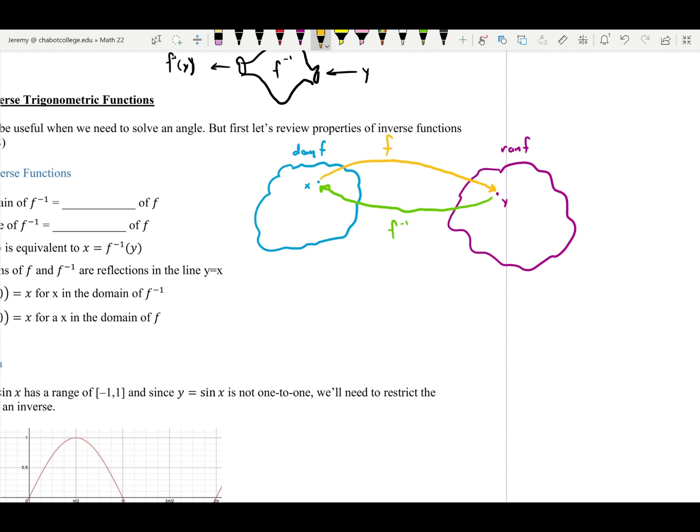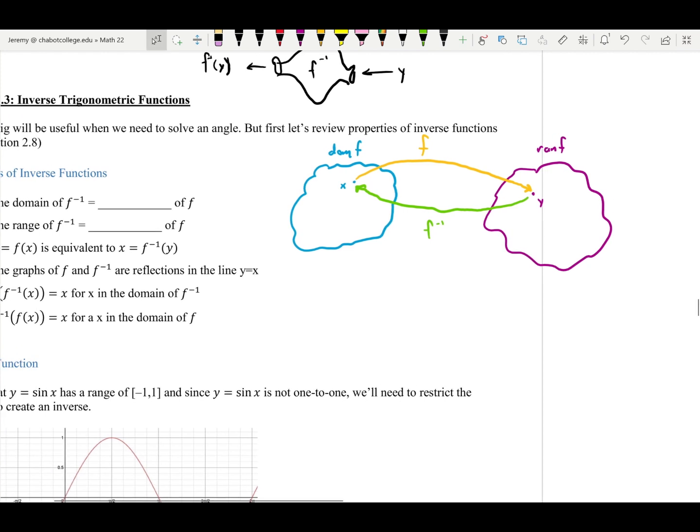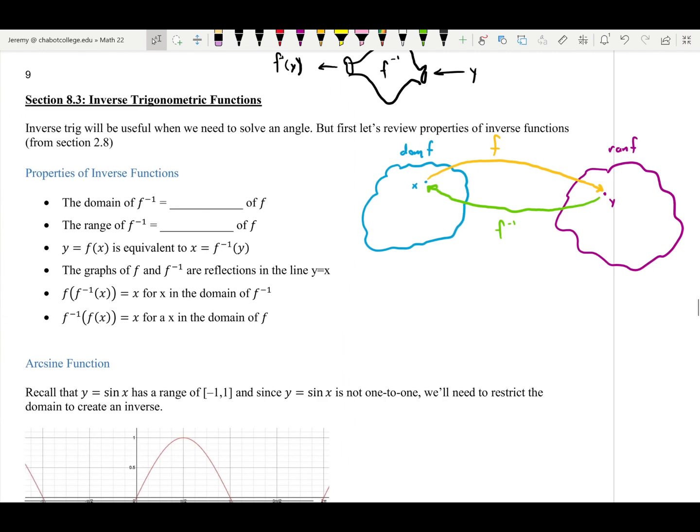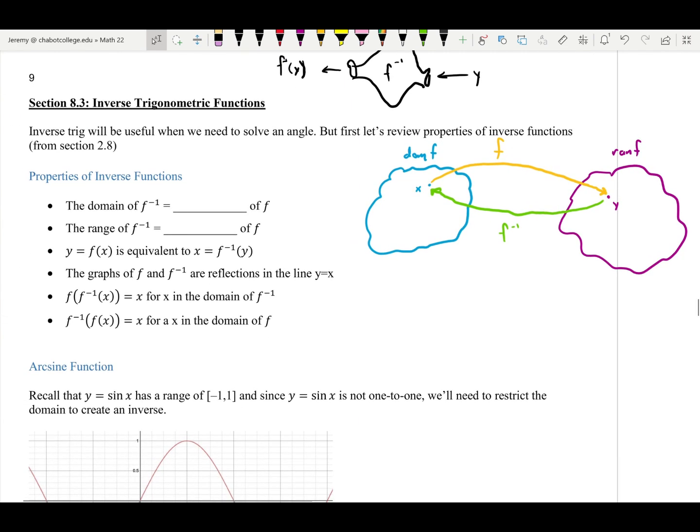Like if we're looking at the composition f of f inverse, that just takes one of these values, like the x value, and sends it over to y, and then sends it back to itself, back to x. So that's just a very quick and general reminder of what inverse functions do and how they work. So that's what we're talking about over here on the left, some properties of inverse functions.